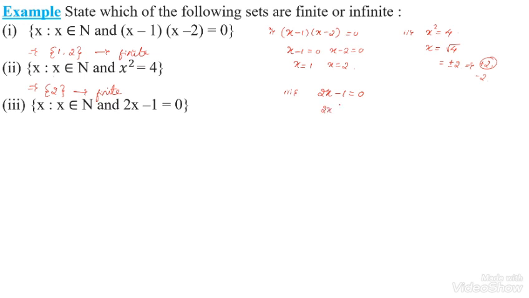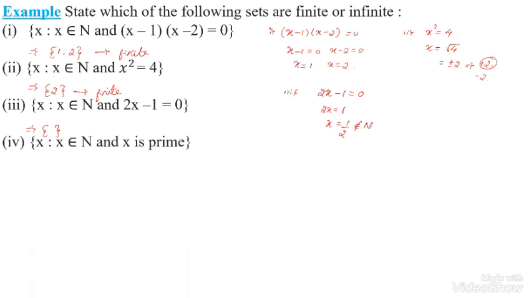Next, 2x is equal to, taking minus 1 to the right side, it becomes plus 1. x should be 1 by 2. Now, the value of x must belong to N. 1 by 2 does not belong to N. Because 1 by 2 is not a natural number, example 3 is an empty set.